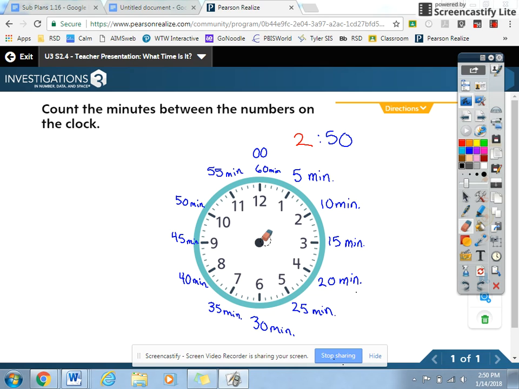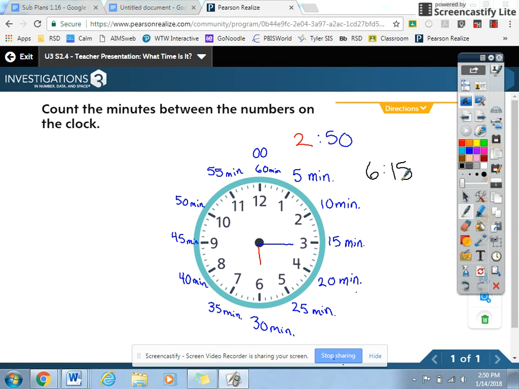If I change the time, what time would this be? If you said that the time would be 6:15, you are correct.